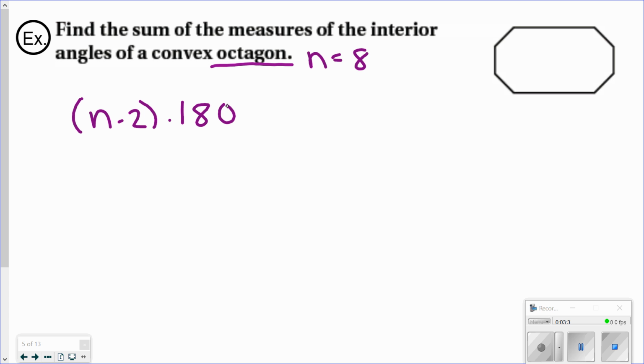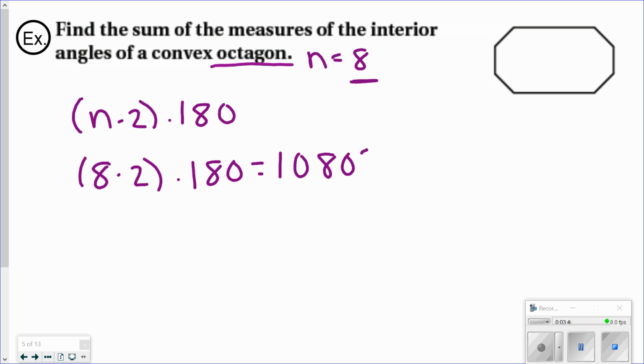That equation gives you the sum of the interior angles. So instead of n, I'm going to plug in 8. So 8 minus 2 times 180. Plug that right into your calculator, you get 1,080 degrees. So the sum of the angles in an octagon is 1,080 degrees.